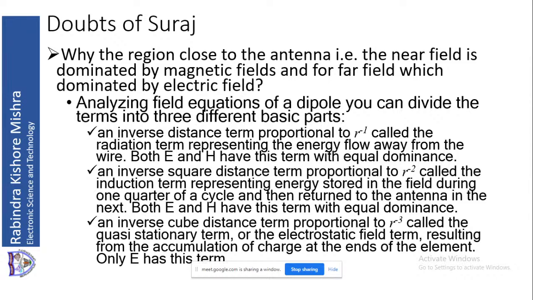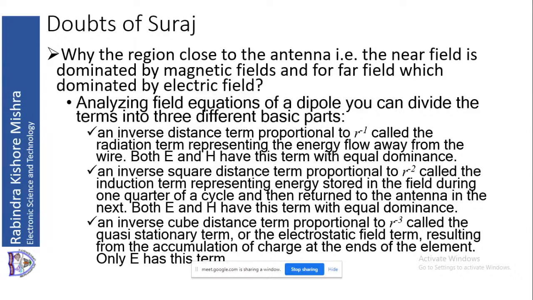Now, this factor is not appearing in the H field term. The H field term has variation of 1 upon r square and 1 upon r. Similarly, the E field has variation of 1 upon r square, 1 upon r and 1 upon r cube. But the 1 upon r cube is only available for E fields.